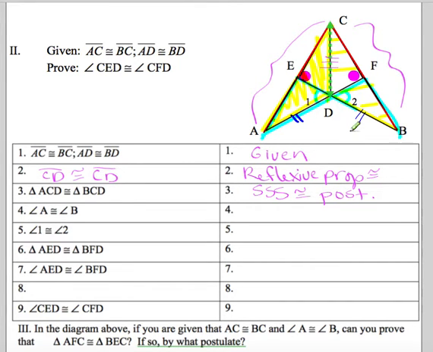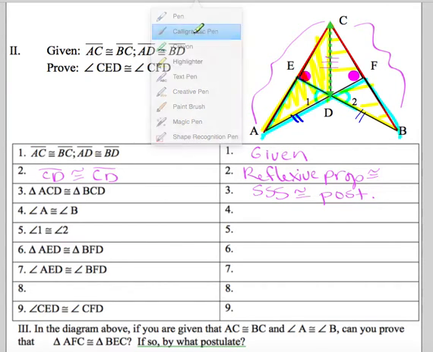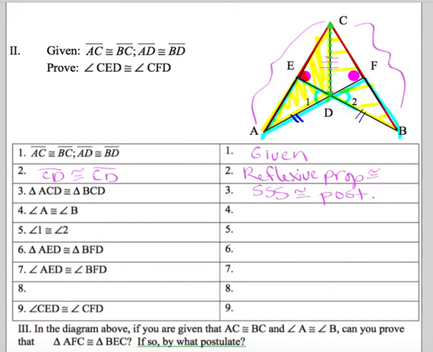So now I need a piece of the yellow triangle to use, because I know I can use the corresponding parts of that yellow triangle. And so right now I'm just deciding what is the part that I need to use with CPCTC.